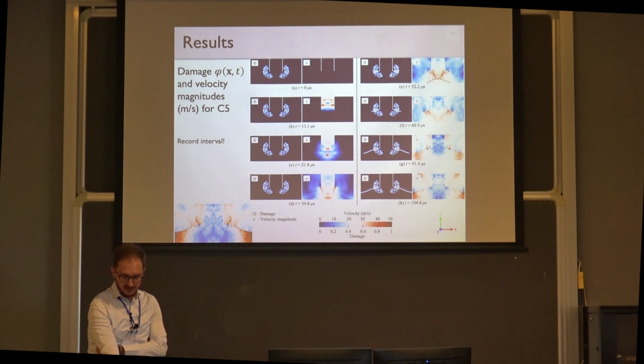Then at time 13 microseconds, the effect of the force can be seen here. The force starts to apply here, and then there is a front wave at 21 microseconds, but still no crack initiation yet, and it starts at the next step, at 34 microseconds.